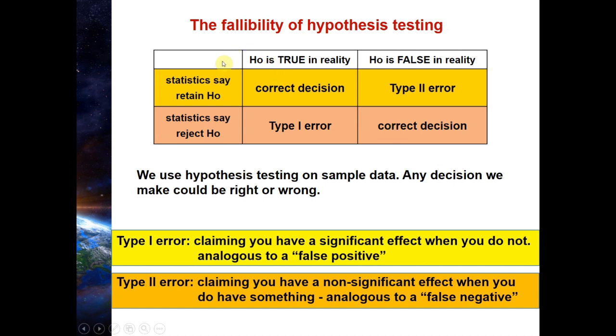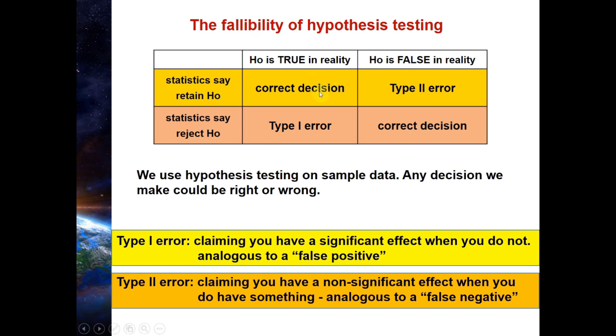So I went through a little box like this, and I showed you how we have 4 possible outcomes for hypothesis testing. So in other words, whenever we do hypothesis testing, we're using samples. If you were testing the entire population, then hypothesis testing would not be required because hypothesis testing is specifically done on samples.